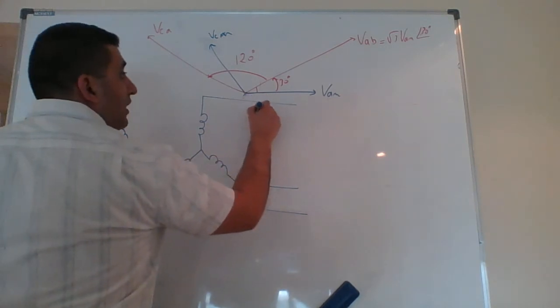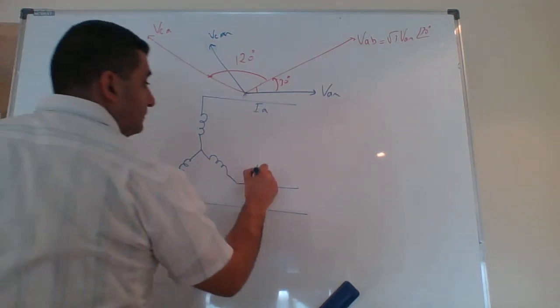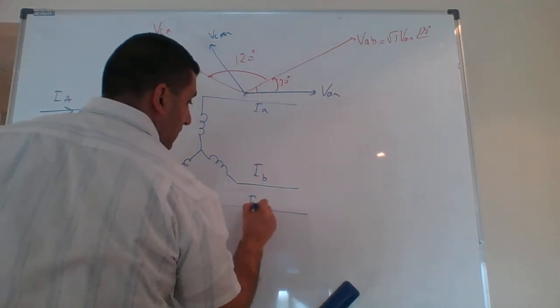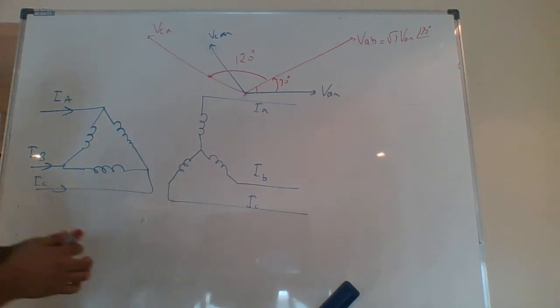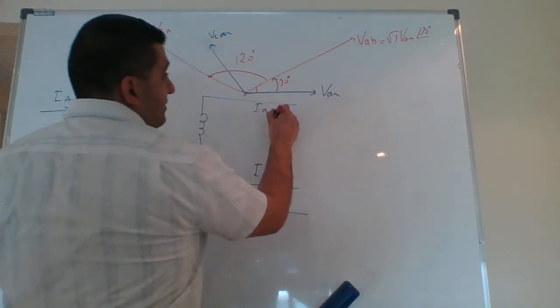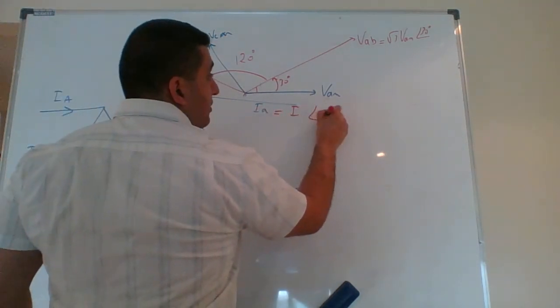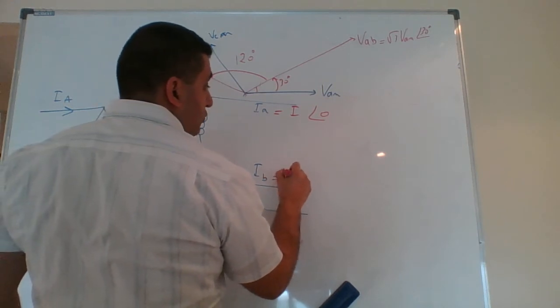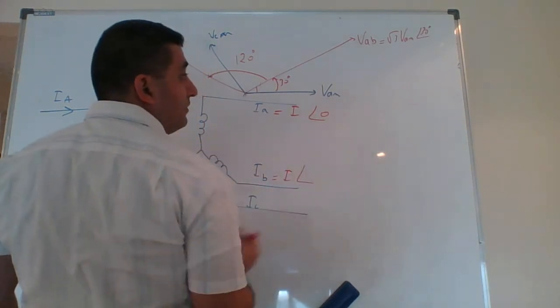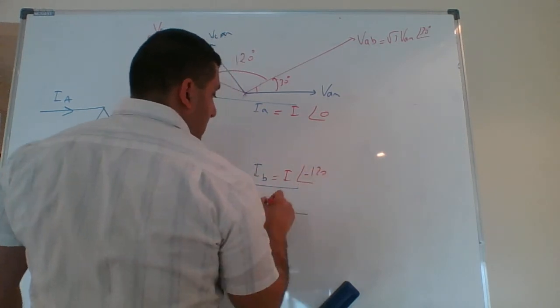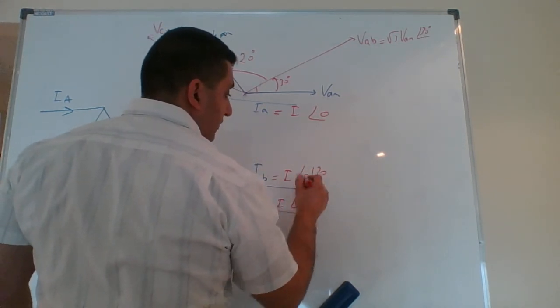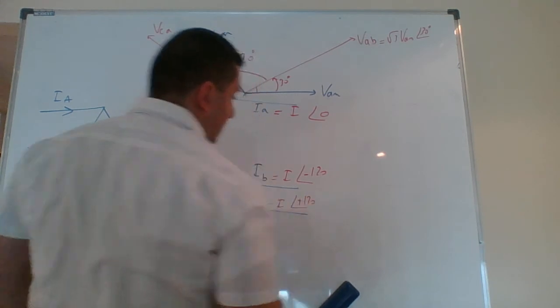I call this I small a, I small c. If I take this current as a reference, it's equal to I angle 0. This is equal to I angle of minus 120. This is equal to I angle of plus 120.